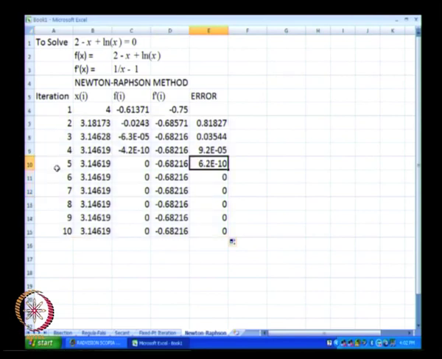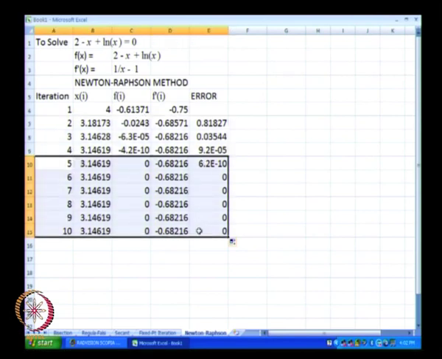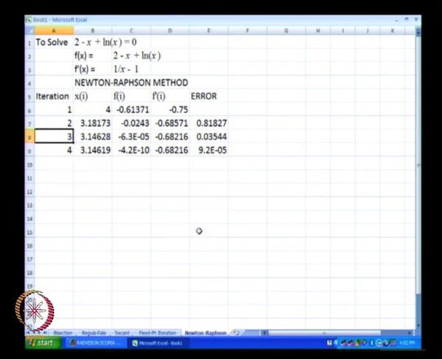We really did not need all these 10 iterations. We have reached our desired solution in essentially just 4 iterations.